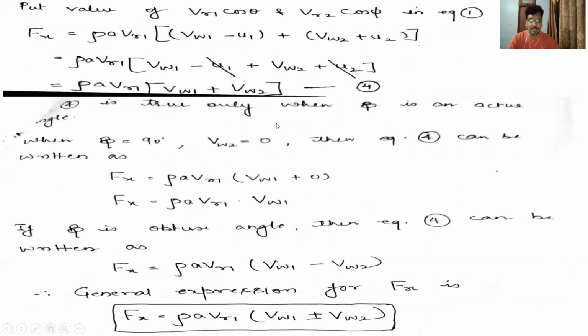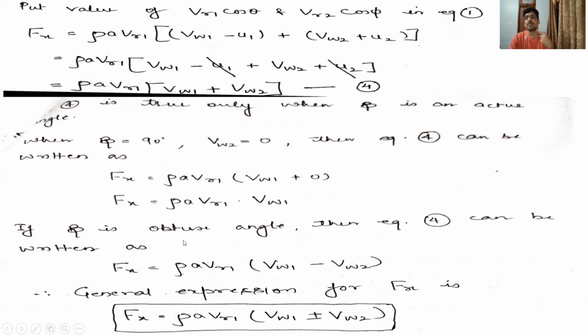So in this case, with VW2 equal to 0, equation 4 can be written as Fx equals rho a Vr1 VW1 plus 0. Why is it 0? Because the VW2 component will be 0 when beta is 90 degrees. So Fx equals rho a Vr1 into VW1. This is the value of force in the x direction when beta equals 90 degrees.